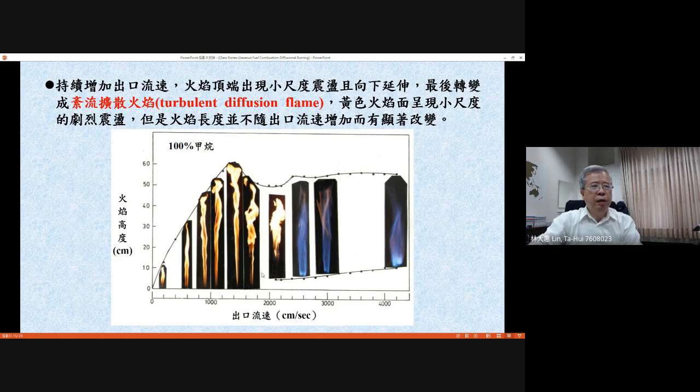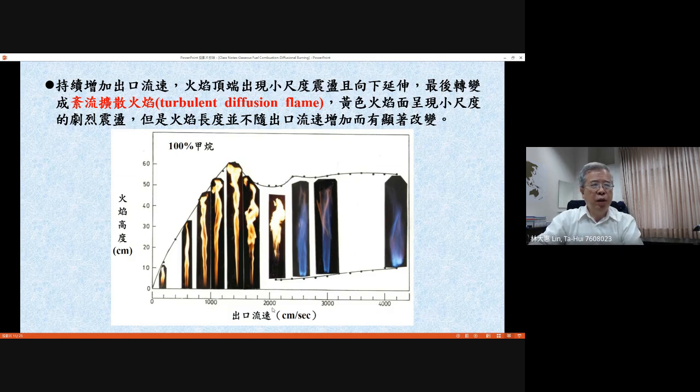And if you continuously increase your injection velocity, something happens. You will find there are still three important characteristics that you need to mention. The first one: the flame color has a big change from yellow to blue.